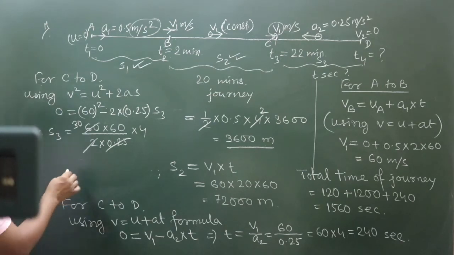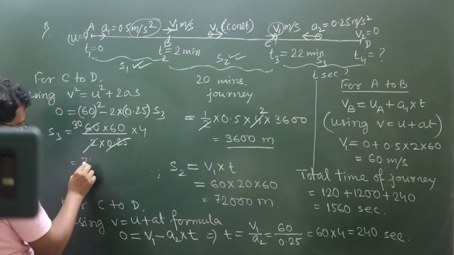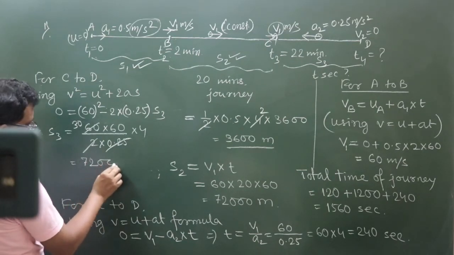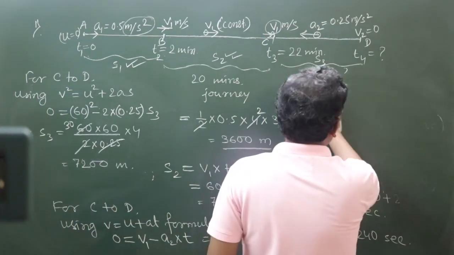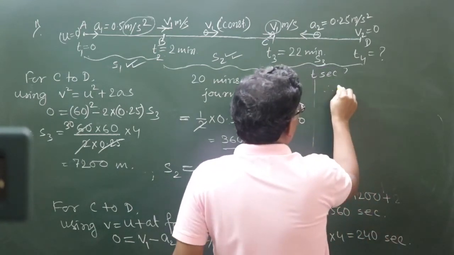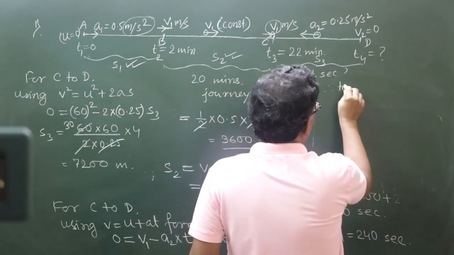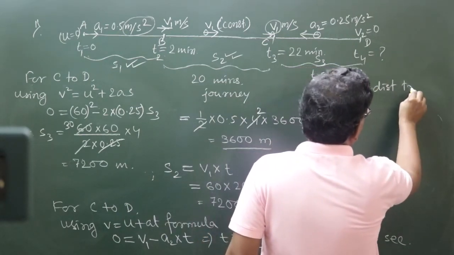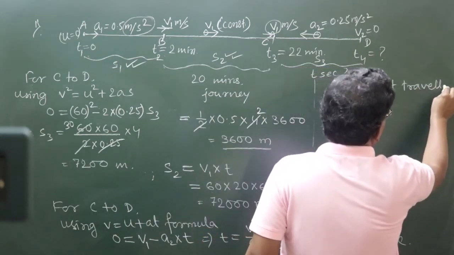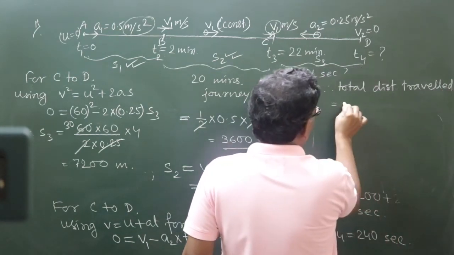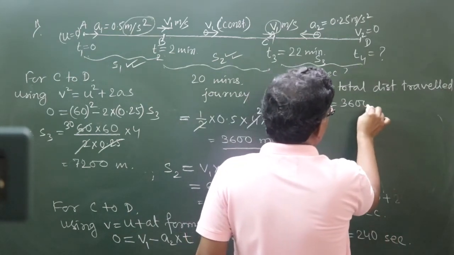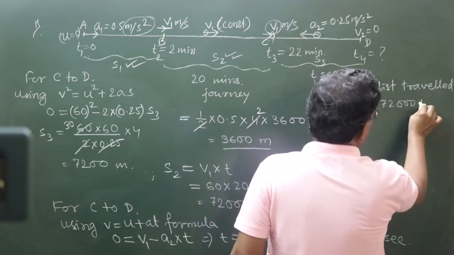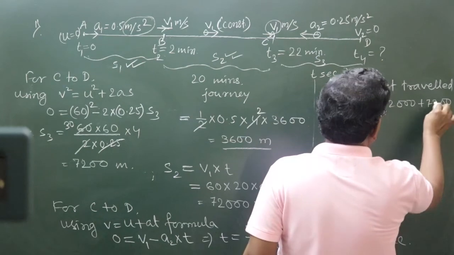So it is coming to 7200. Therefore the total distance travelled is equal to 3600 plus 72,000 plus 7200.